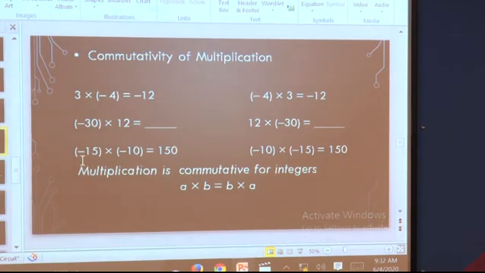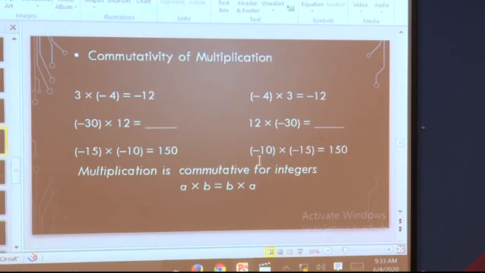Here is one more example, minus 15 multiplied by minus 10. What will it be? Yes, it is an even number of times. It is 2 times negative integers. So, the answer will always be positive. So, 15 tens are 150. What have I done? I will get the same answer here. But what have I done here? Just because of the commutative property, I can change the place. I can replace the integers during multiplication and addition.